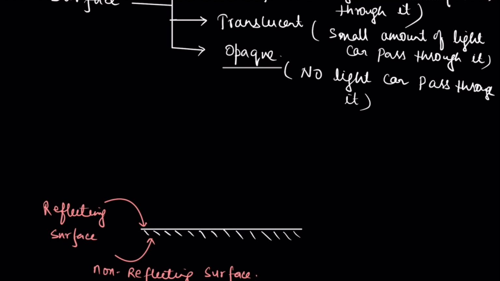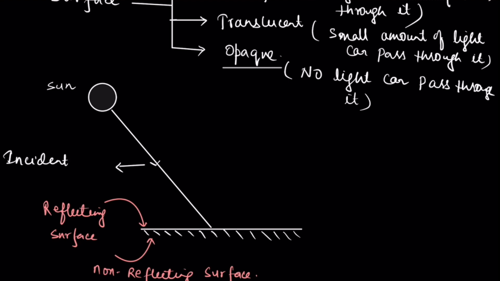So if we take any incident ray that is coming out from the source, let us assume here is a sun, and from here one of the incident rays is coming out like this. So this is the incident ray. How can we define the incident ray?